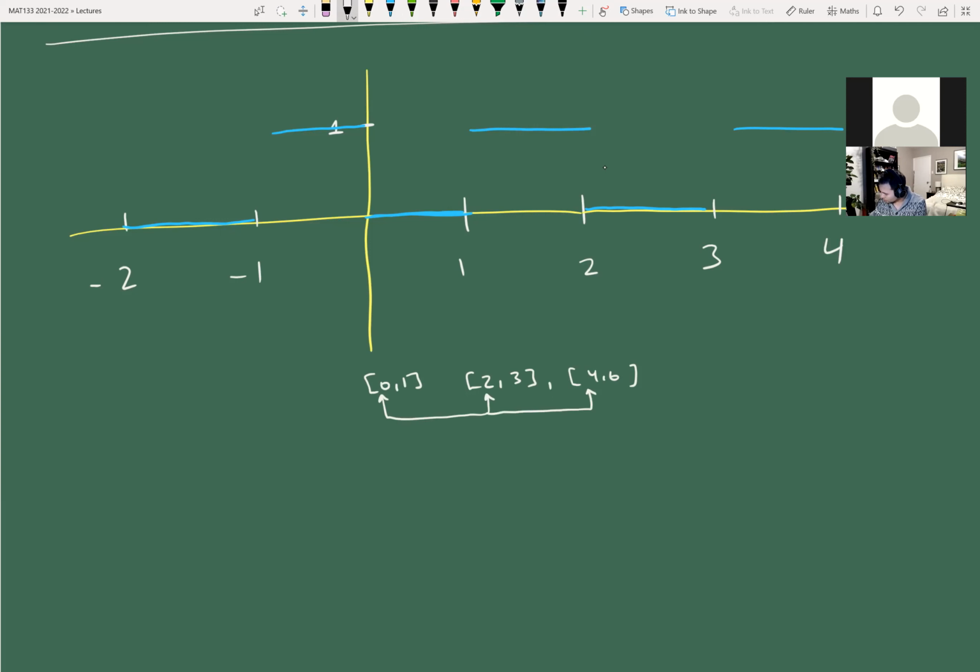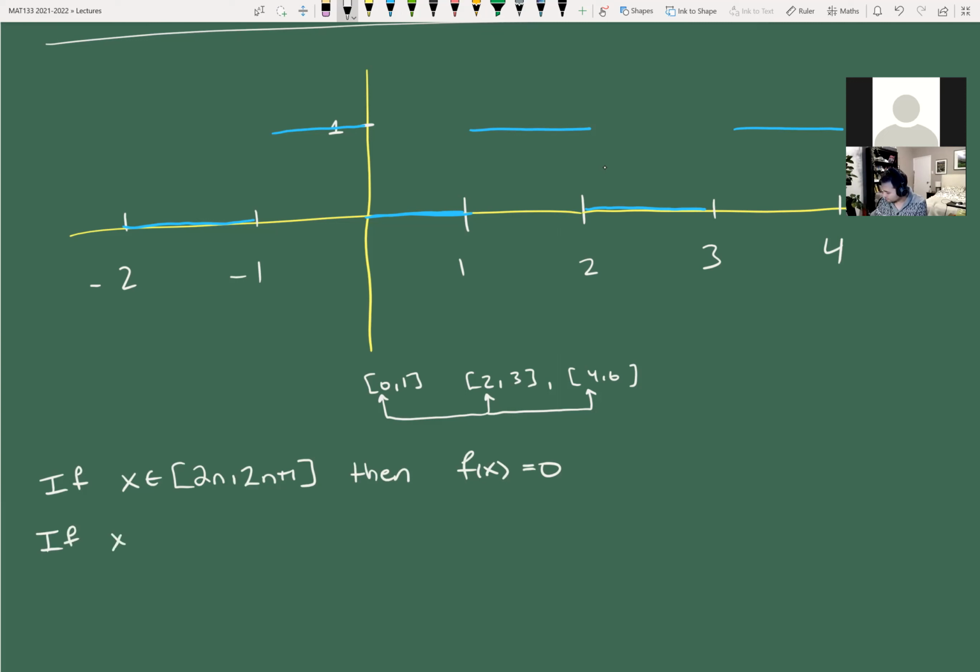So I'd say something like, if x is in 2n plus 1, then f of x is equal to 0.